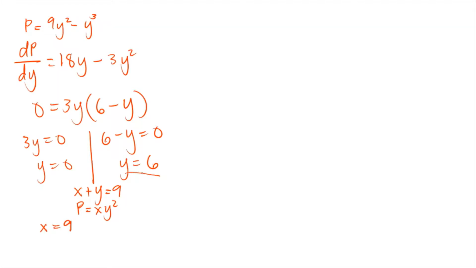If y is equal to 6, then x is equal to 3. So let's solve for the p values or the product. For y equals 0 and x equals 9, the product is 9 times 0 squared, that's 0. And for y equals 6 and x equals 3, the product is 3 times 6 squared, so that's 108.